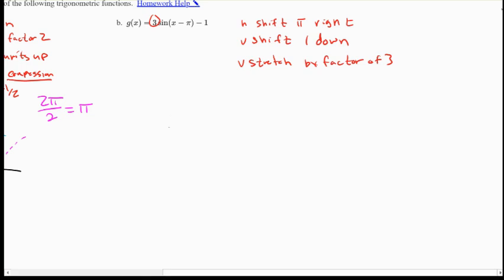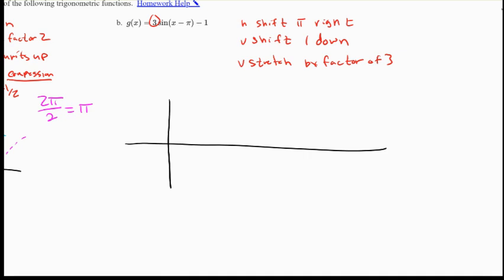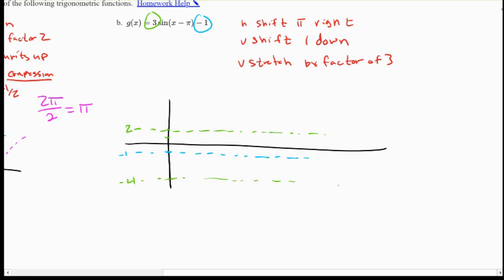And so I'm going to go ahead and sketch my graph. The first thing that I'm going to do is find the midline, which is at -1. My amplitude here is 3, so I'm going to go up 3, to 2, and down 3 to -4. There's my maximum and minimum.